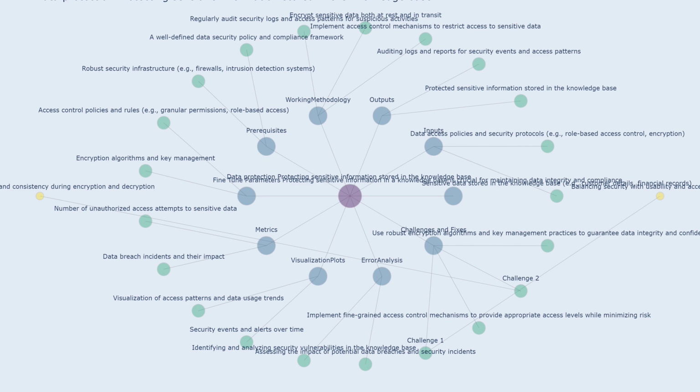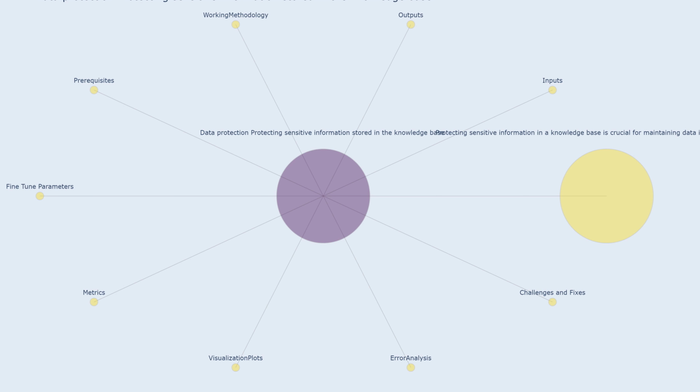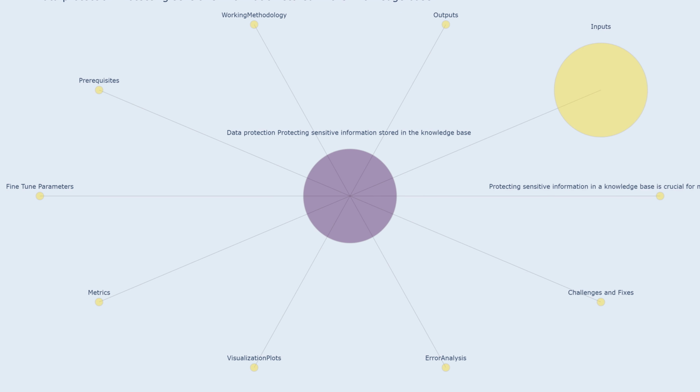Data protection. Protecting sensitive information stored in the knowledge base. Protecting sensitive information within a knowledge base is crucial for maintaining data integrity and ensuring compliance with relevant regulations and standards. Inputs.